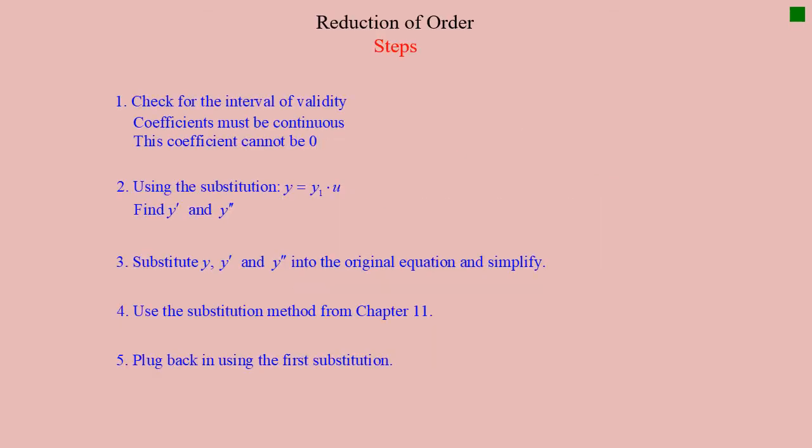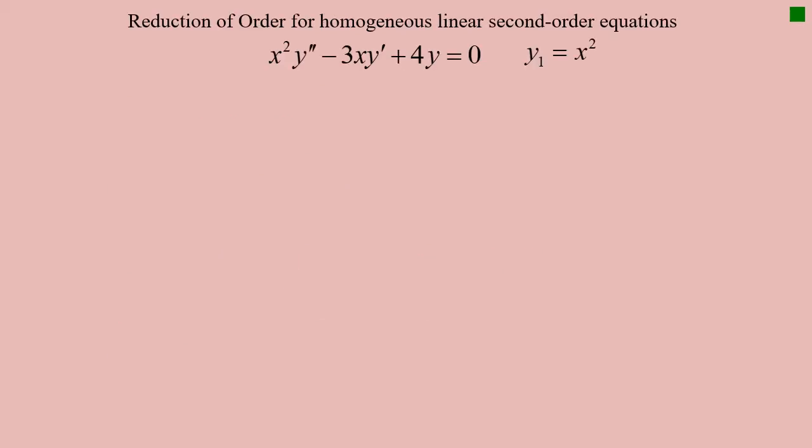Now here's a summary of the technique that we're about to take a look at. Let me show you what the process looks like with this second order homogeneous linear equation.